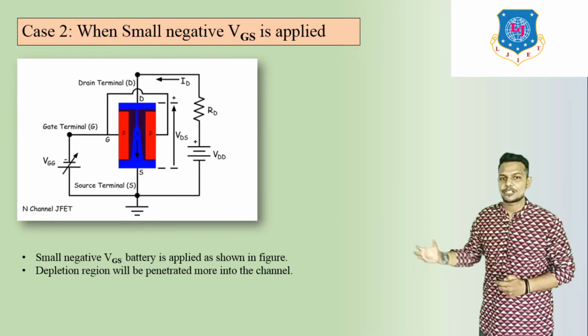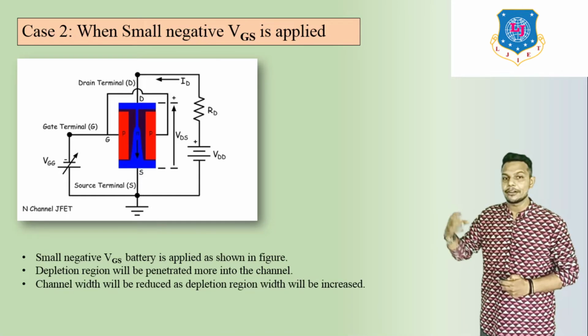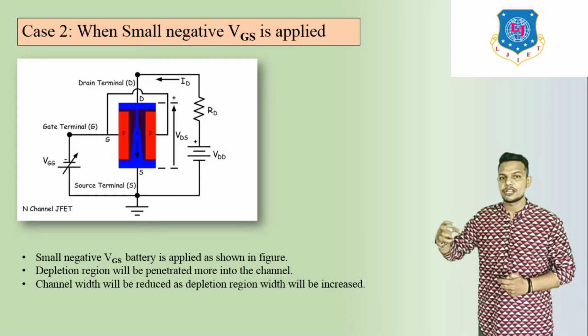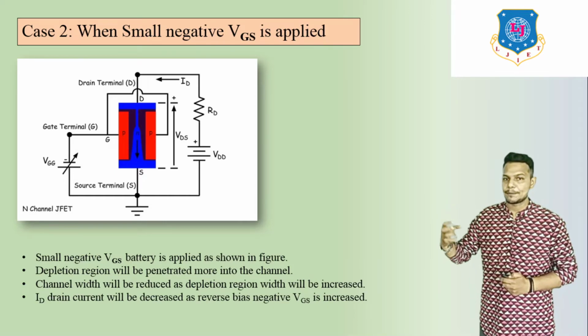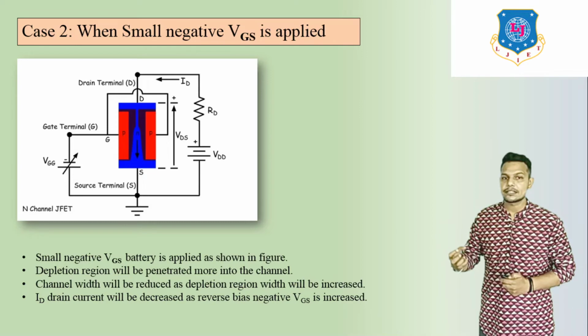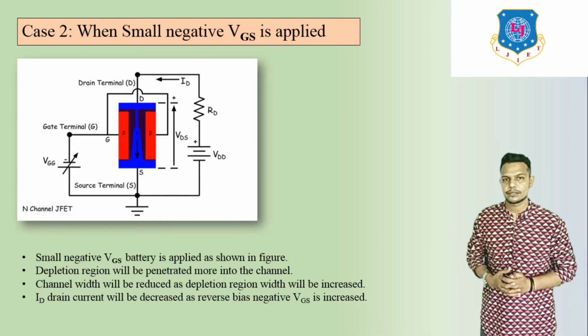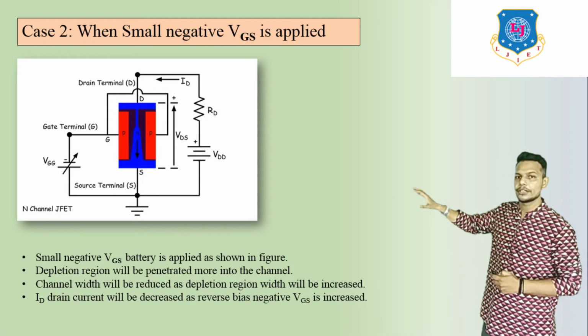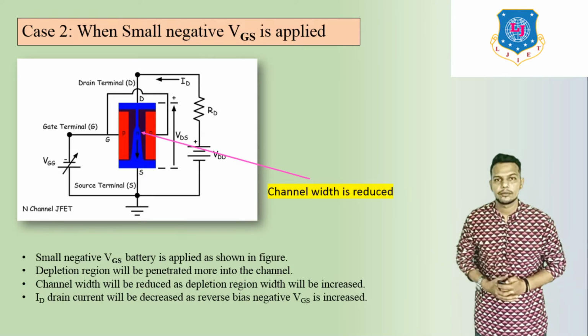So here we can see the depletion region will penetrate more in the channel. Channel width will be reduced as the depletion region increases. ID, that means drain current, will decrease as the reverse bias negative VGS is increased. So here we can see the channel width is reduced.